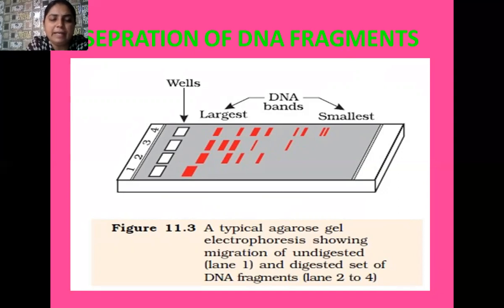So when we supply electricity, these fragments of DNA keep on moving over the agarose gel. What we observed is that the fragments which are lighter in weight easily move over the agarose gel and reach fast.